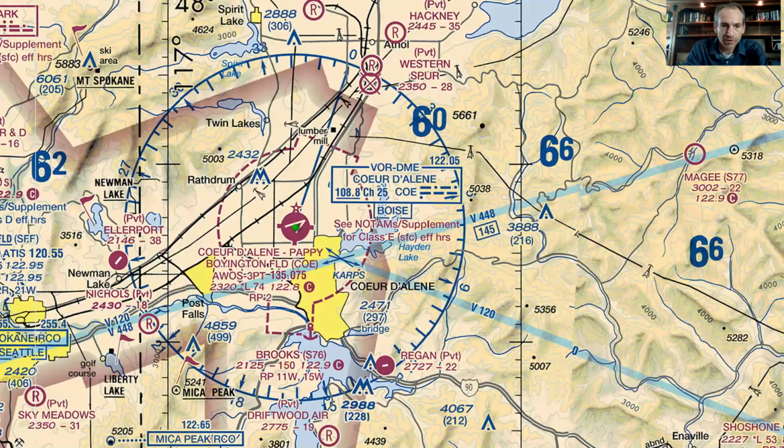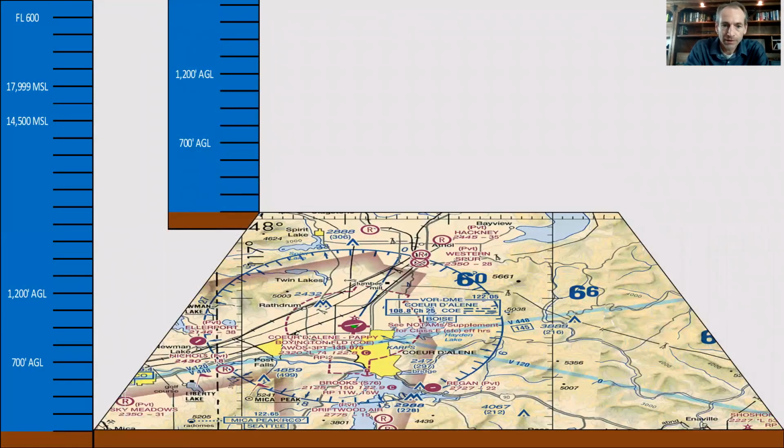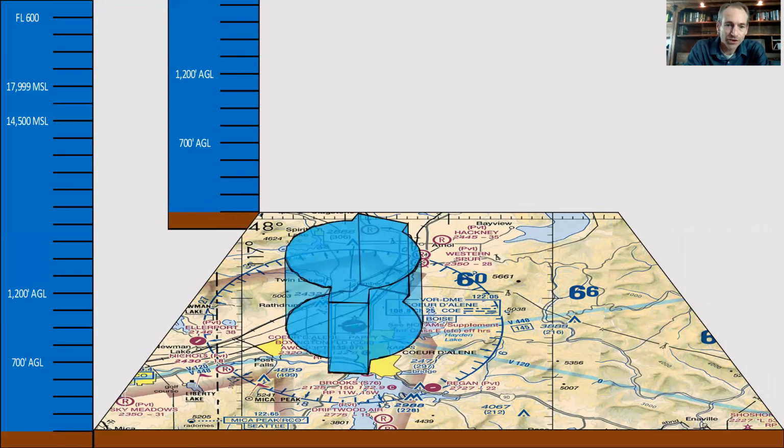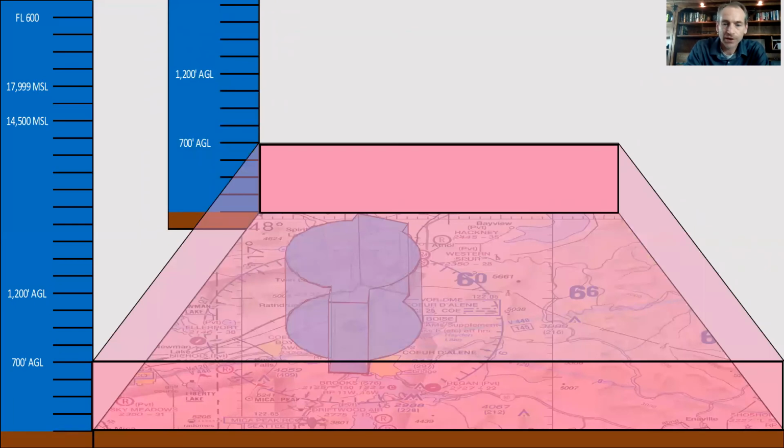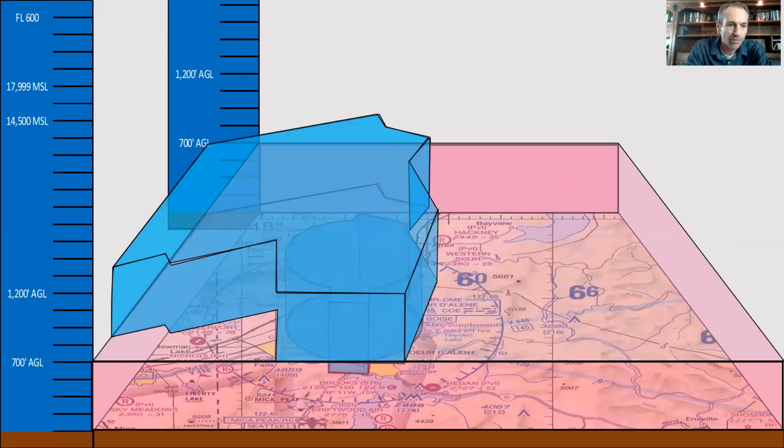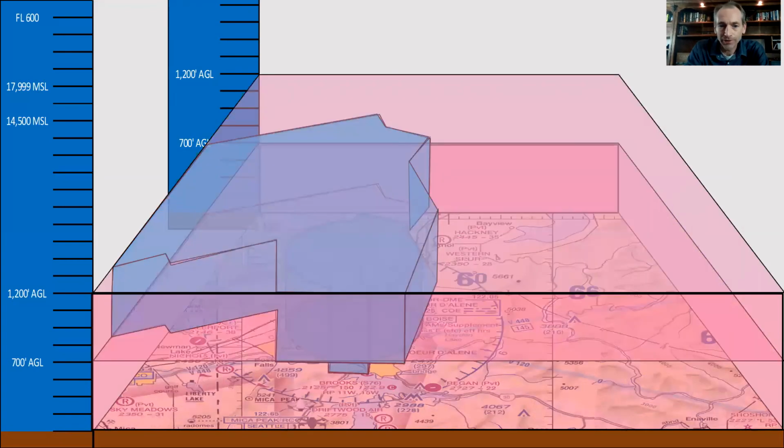Let's take a look at another example. Here we have Coeur d'Alene Airport. We see we have a dashed magenta line. So we have a Class Echo surface area airport. We see that's going to go up to 700 feet AGL. So everything outside that airport area is Class G. On top of that, from 700 feet to 1,200 feet AGL, following the faded magenta lines, we see we have the Class E areas.